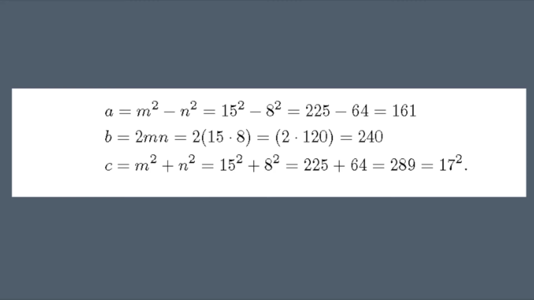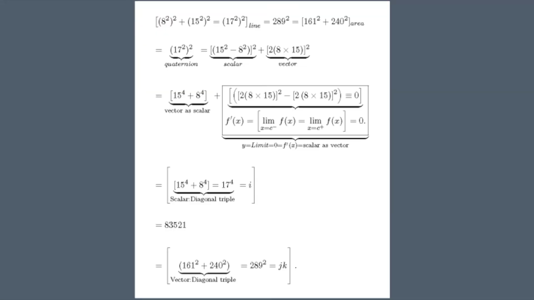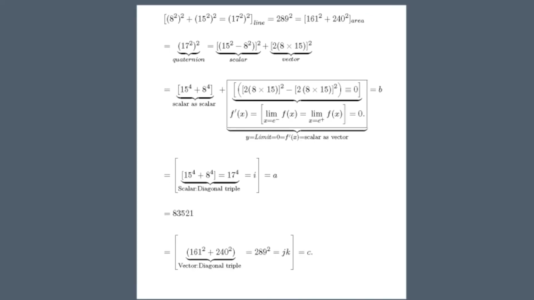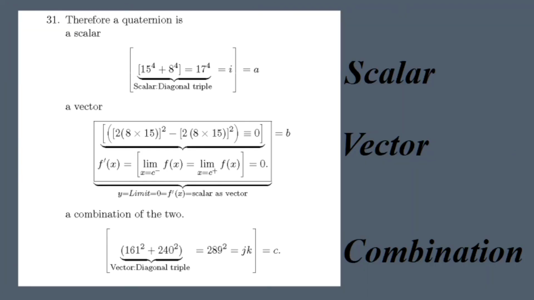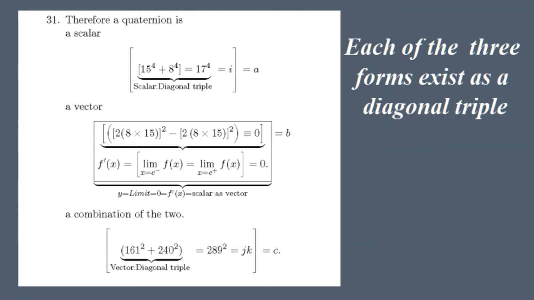Therefore, we may augment this following equation to read as this equation. We therefore generate three types of diagonal triples. And so we say again, a quaternion is a scalar or a vector or a combination of the two. Triples A and B actually exist. They may not manifest as conventional triples, but algebraically and trigonometrically, they do and must exist.